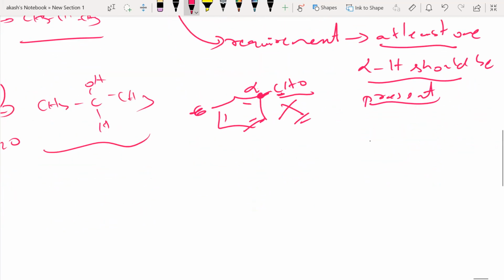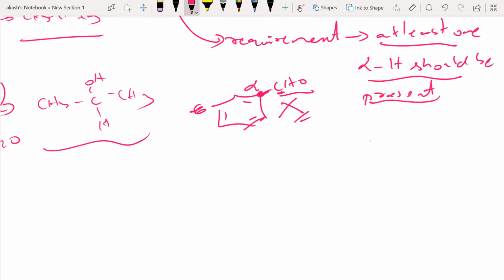Let us take some other aldehyde. What about HCHO? Can HCHO give aldol condensation?